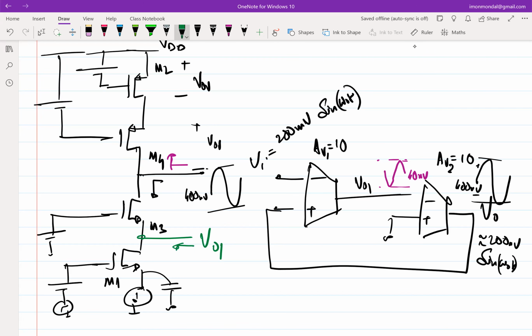It's approximately 1 over GM3 again, which essentially means that you don't gain anything. One caveat while doing the analysis: this is 1 over GMC only if you neglect channel length modulation for LC.